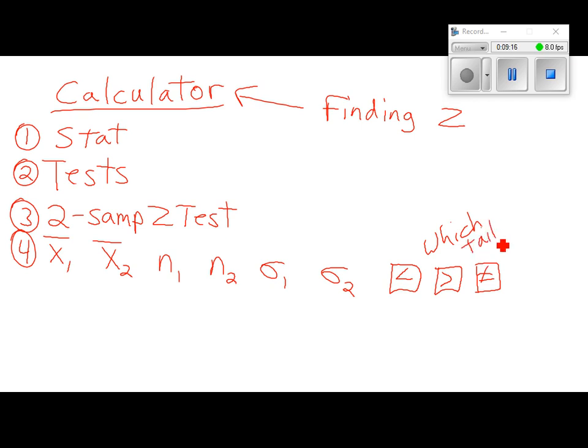Look at your HA, your alternative hypothesis. Does it ask you for anything else? Nope. Then it just says calculate, right? Is that correct?